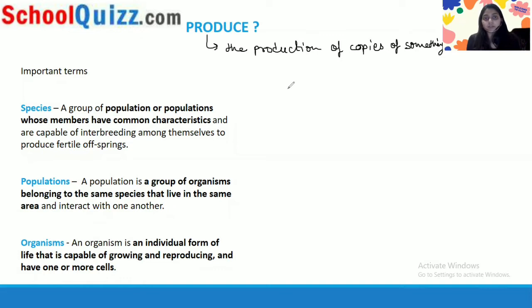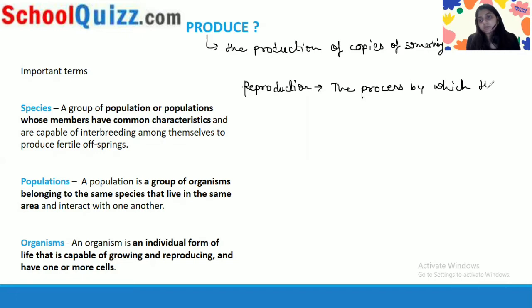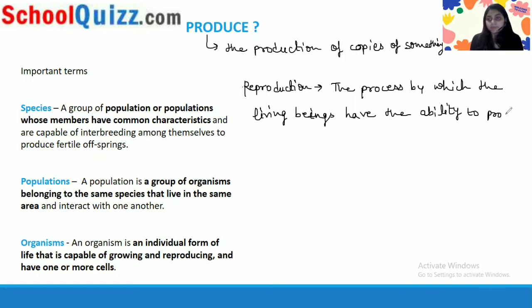Okay, and what is reproduction? So the definition of reproduction is the process by which the living beings have the ability to produce new individuals of the same kind.